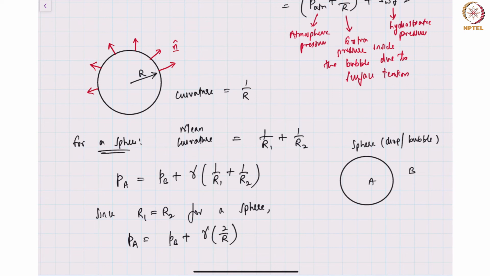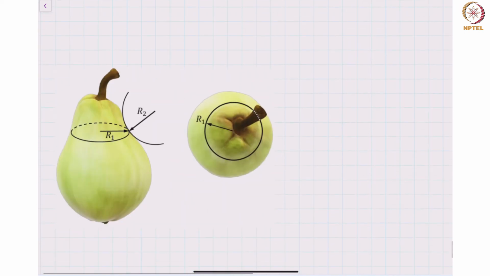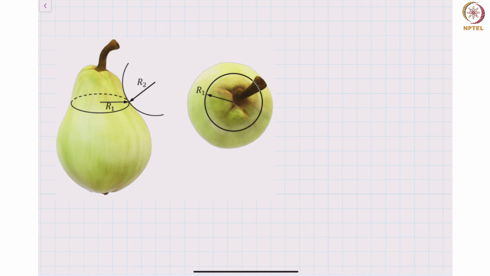Now there are many surfaces where the tangent radius that you draw at a surface to measure the curvature need not be on the same side of the surface. I'll illustrate this with a very simple example. Take the case of a pear that I'm showing here.